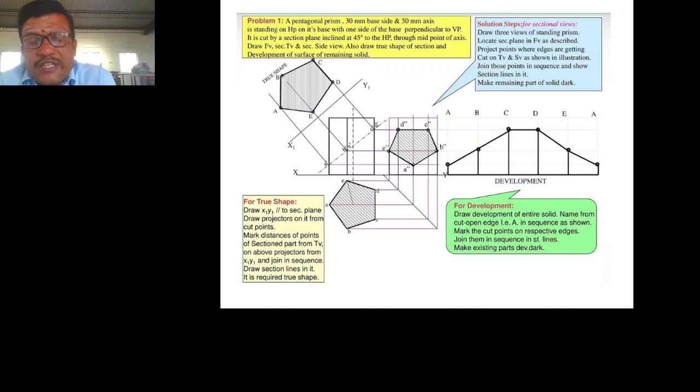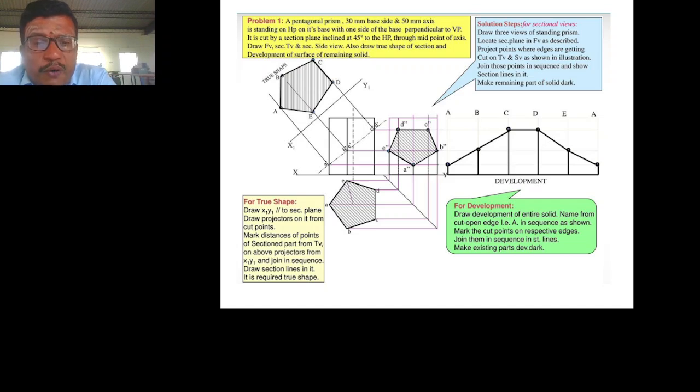Then we have to divide into AB, BC, CD, DE, and EA, each 30. So we are dividing this into 5 equal parts, and the height is also 50 mm. So now we have to locate A, B, C, D, E, and once again A.